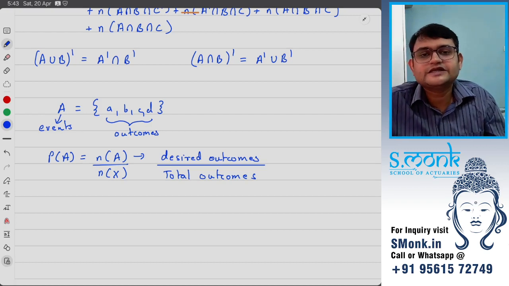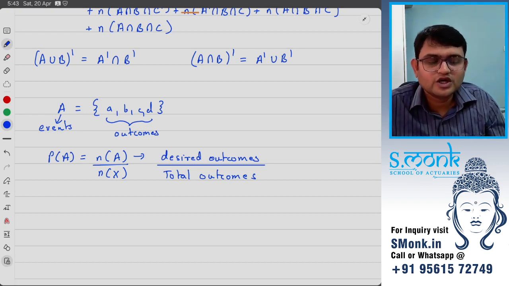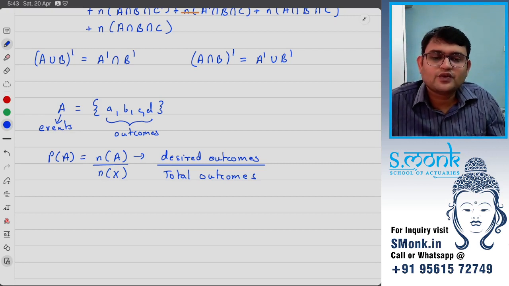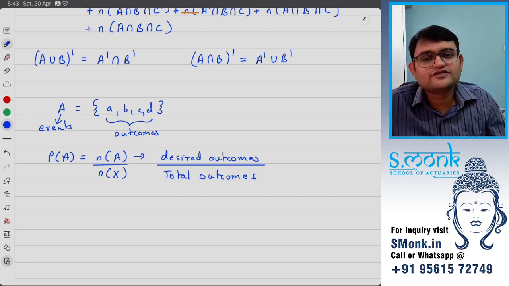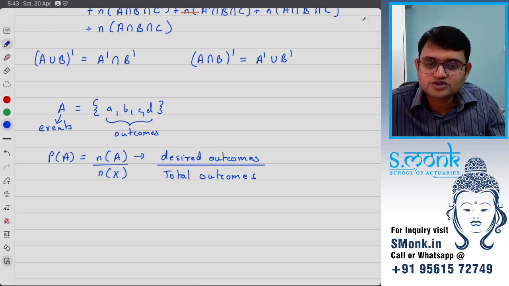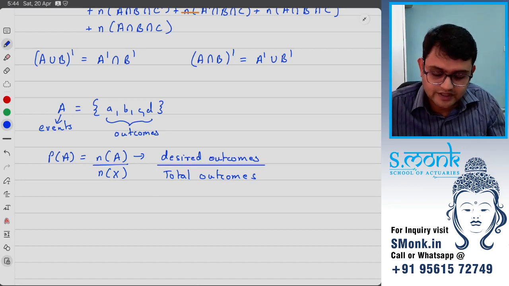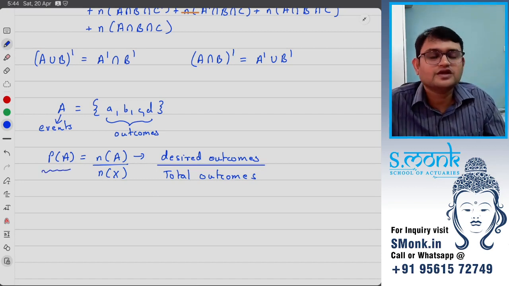Probability is nothing but desired outcomes upon total outcomes. That means these were the possible outcomes that will give us success, upon total outcomes, that means success and failure both. That gives us the probability of event A.